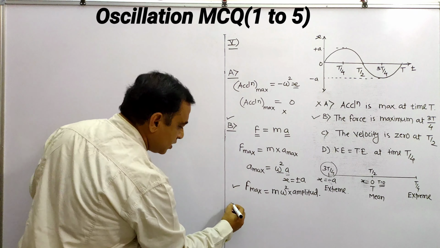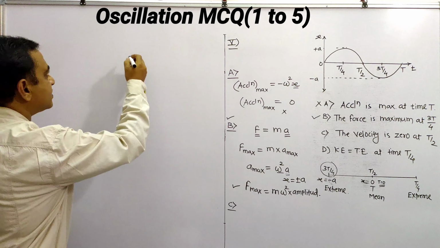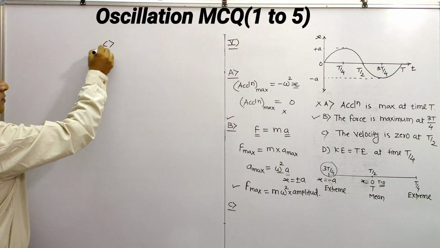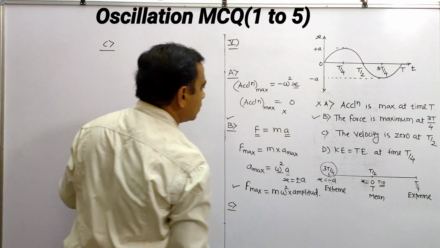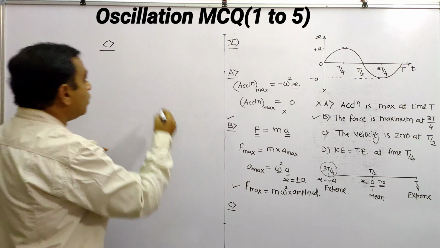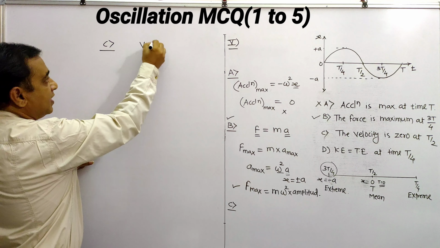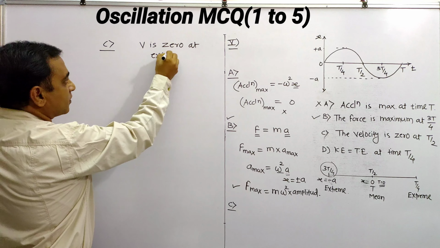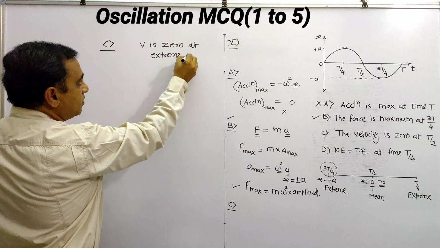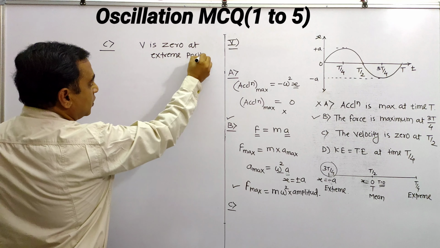Let us check out the C option also. But before starting, I am going to shift this to the left hand side. See, the velocity is 0 at T by 2. As we know, velocity is 0 at extreme position.